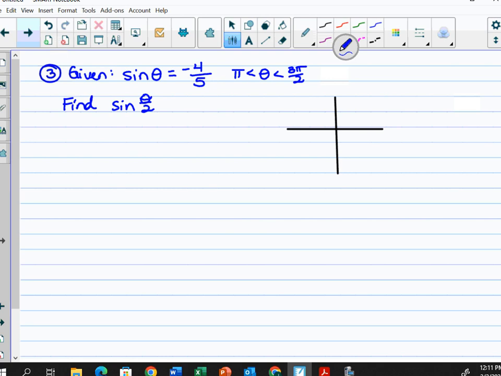Can you read that? That says 3 pi over 2. So this is just like number 2.